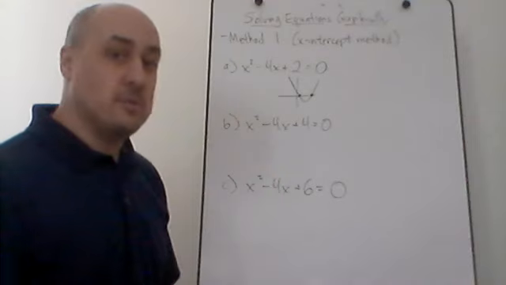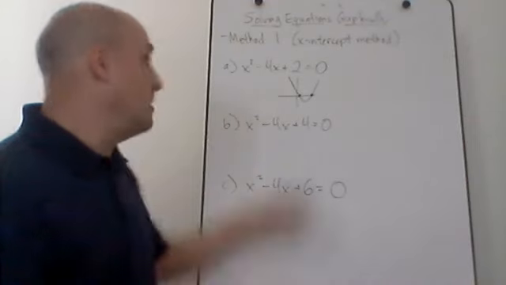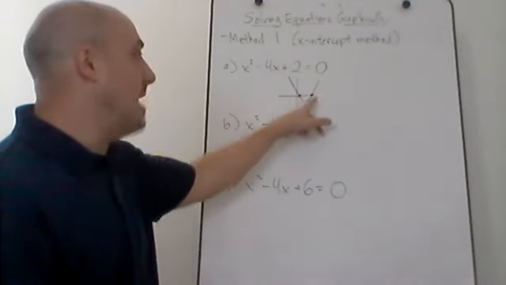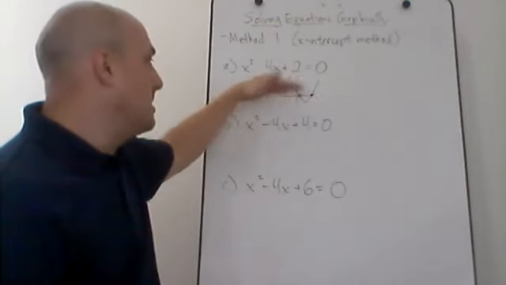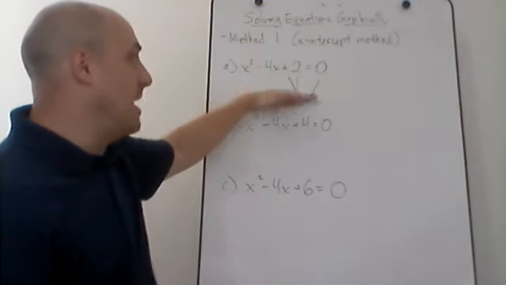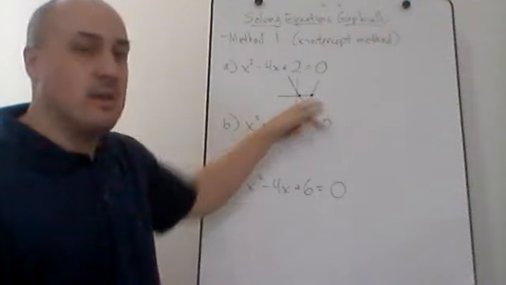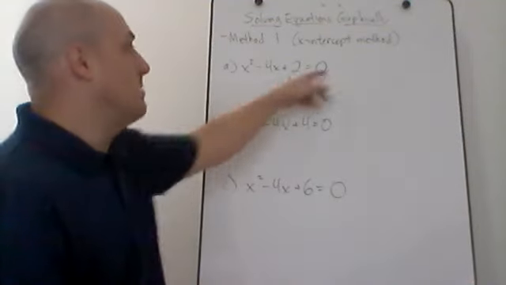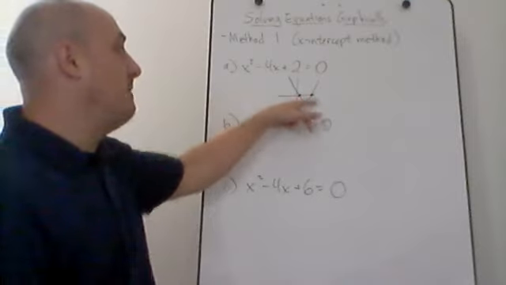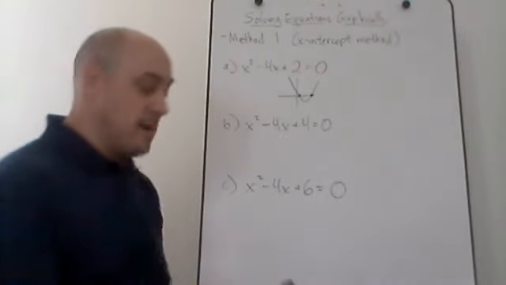When y equals 0, that's where you get x-intercepts. Wherever the graph crosses the x-axis, the y-coordinate of those points is 0, because it's not up in the positive y values or down in the negative y values. It's right there on the x-axis, which is y equals 0. That's why I set everything equal to 0 before I graph, and if I find my x-intercepts, I have my solutions.